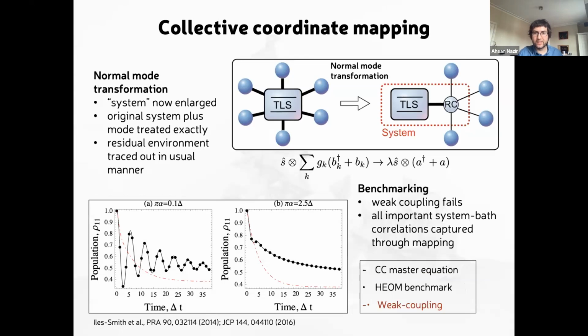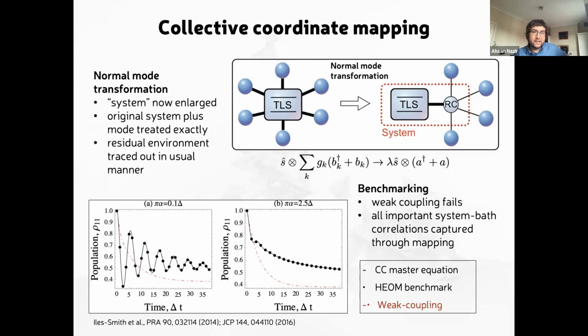So here's some examples to show you that this reaction coordinate master equation does work. So on the left-hand side, in both plots, I'm plotting the population of the two-level system here as a function of time, assuming that the system starts in its excited state.